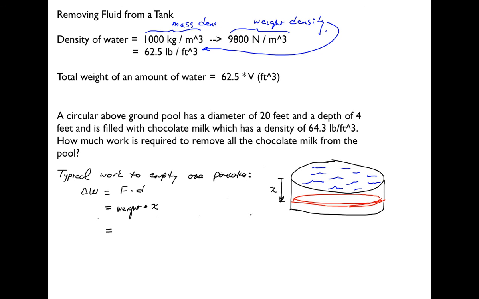All right, so how do we get the weight of that layer? 62.4 or 64.3. Okay, is that the weight of it? Times the height? Volume. Yep, pounds per foot cubed is going to be times the volume of the sliver. And what's the volume of the sliver?